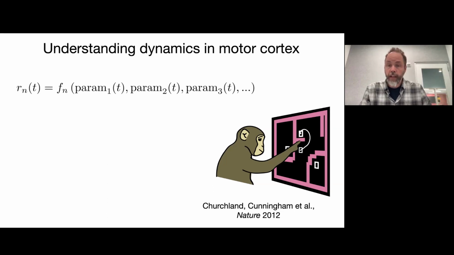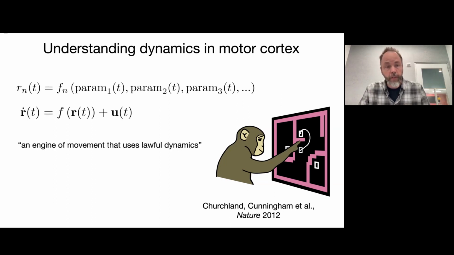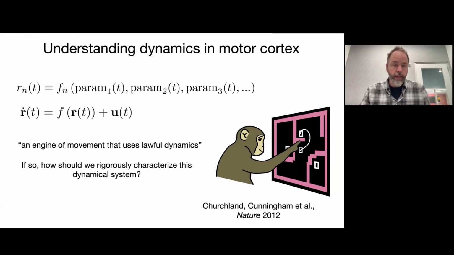There was an ongoing debate about the representations in motor cortex, whether they represent the parameters of the movements, velocity, posture, acceleration, what have you, or if the firing rates of the network were really just a dynamical system to generate motion, right? EMGs, you just got to drive the muscles. So they had suggested that motor cortex was an engine of movement that uses lawful dynamics.